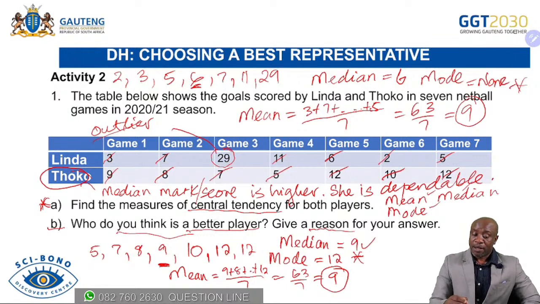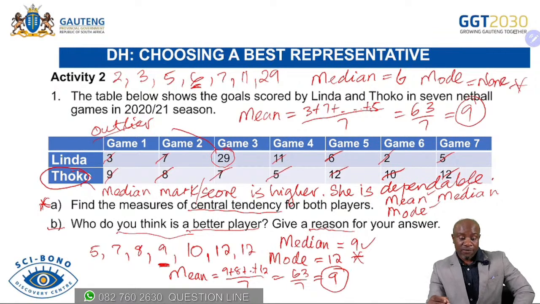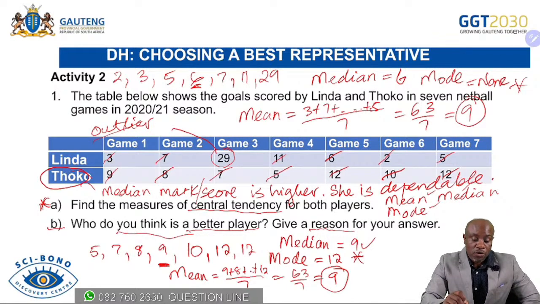But Togo for me is dependable. Look at her scores: 9, 8, 7, 5, 12, 10, 12. All the scores can't go below 5, actually even 7, because the least that she scored was on game 4, which was 5. The rest of her scores are closer to the median, which is 9.